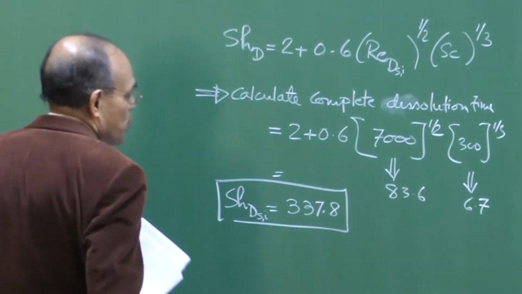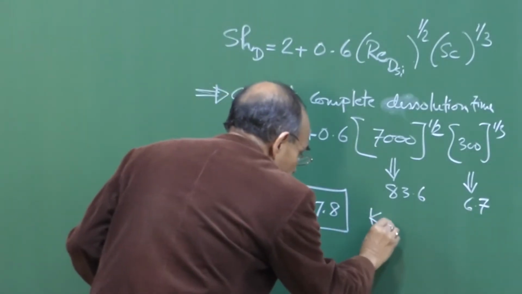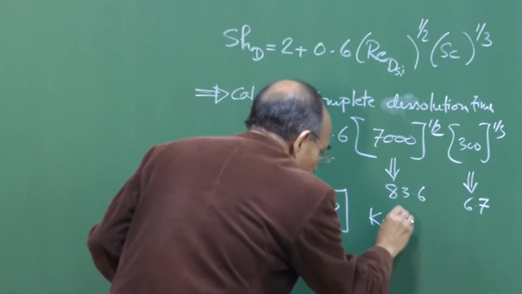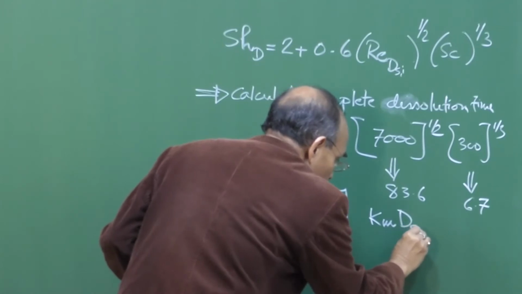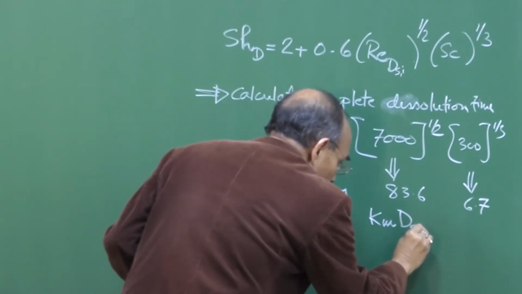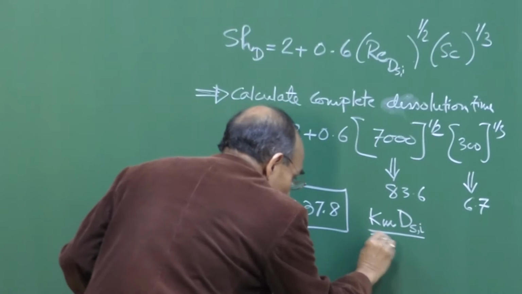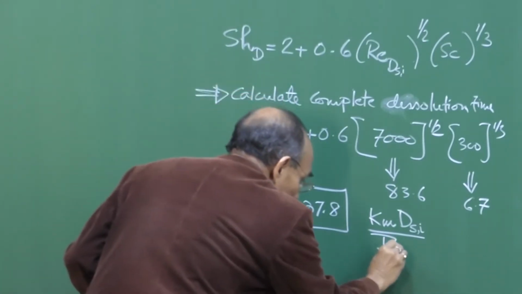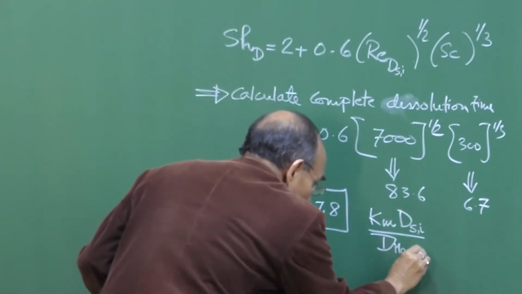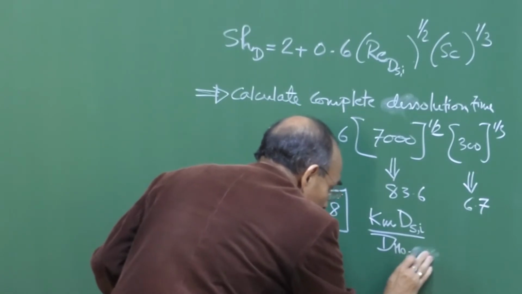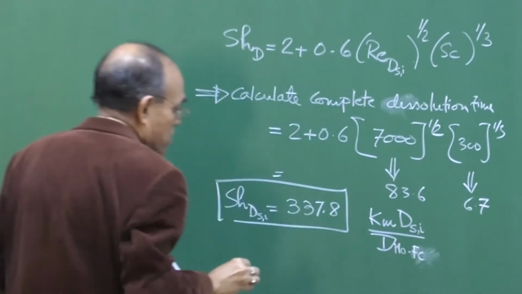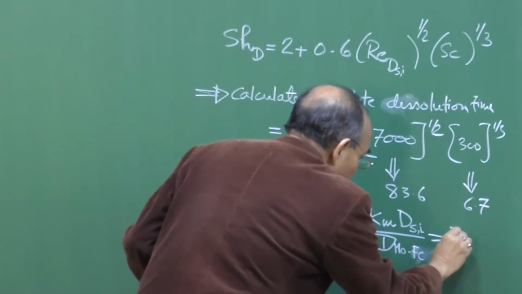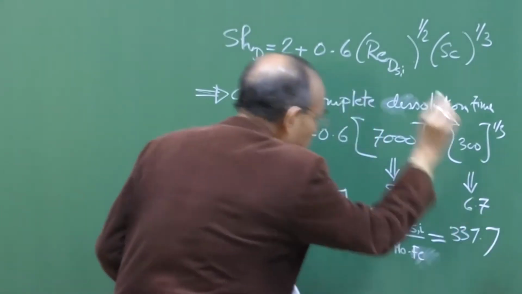And what is the definition of Sherwood number? Sherwood number is the mass transfer coefficient times the initial diameter of the sphere, divided by diffusivity of molybdenum in steel, or you can say molybdenum in Fe. Therefore, this is equal to 337.7.